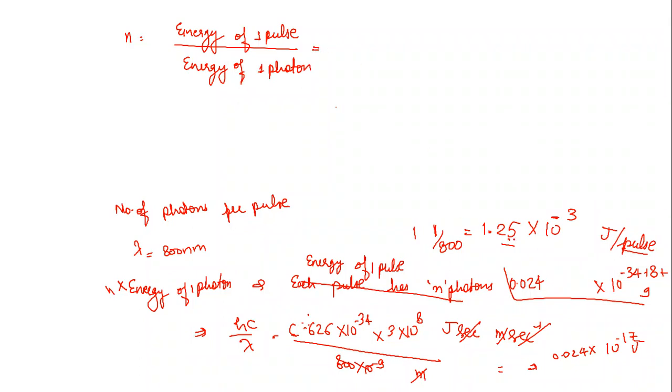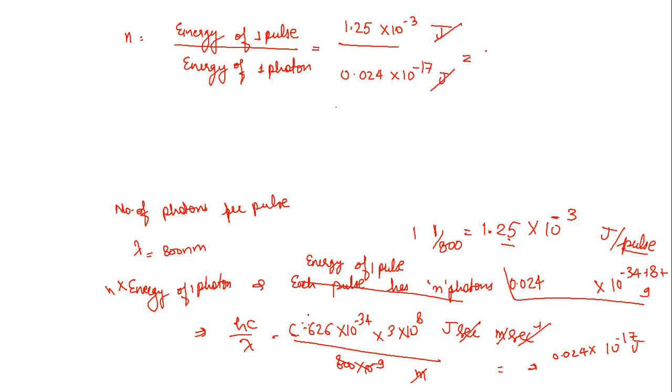That's it. Energy of pulse we got to know is 1.25 into 10 to the power minus 3 joule. And what we got to know from the calculation, energy of one photon, is 0.024 into 10 to the power minus 17 joules.